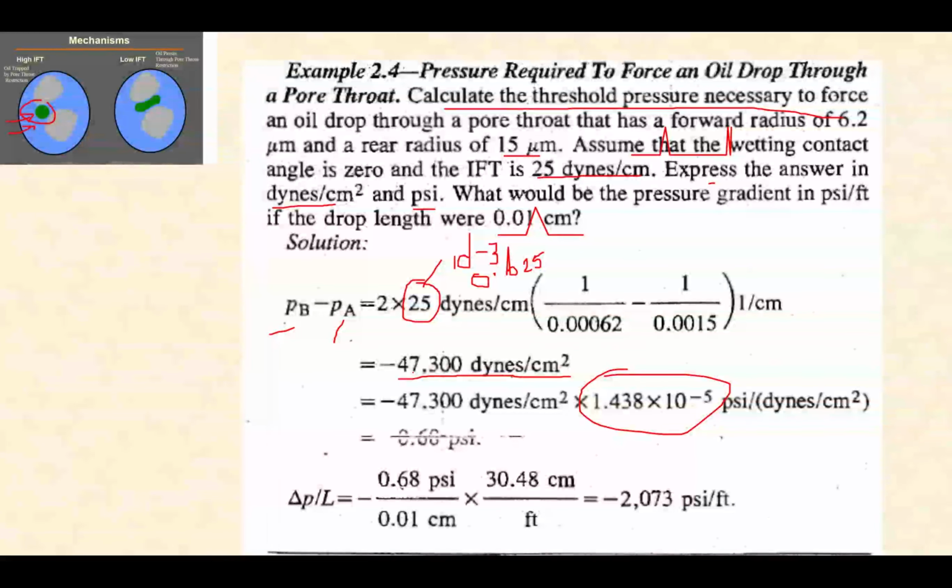In that case, you can see that there will be deformation of this layer. And for the pressure gradient, you can simply get the delta P by L.